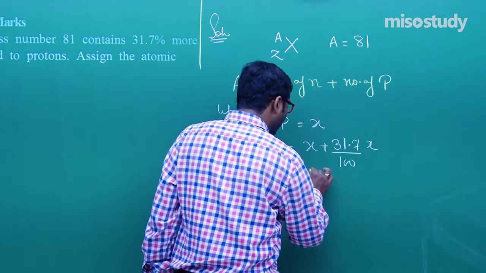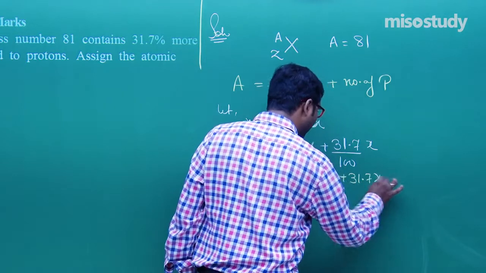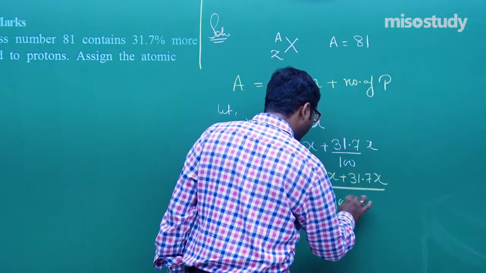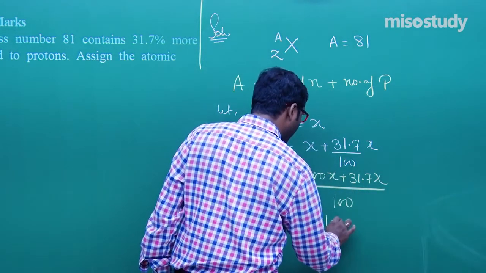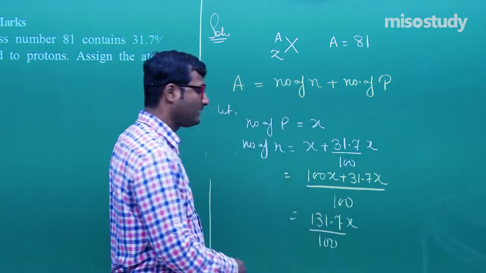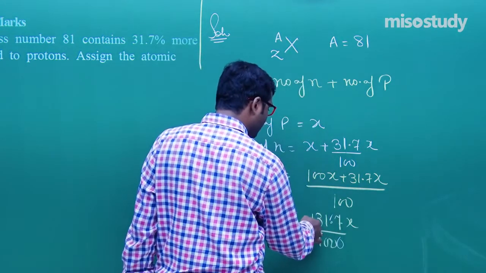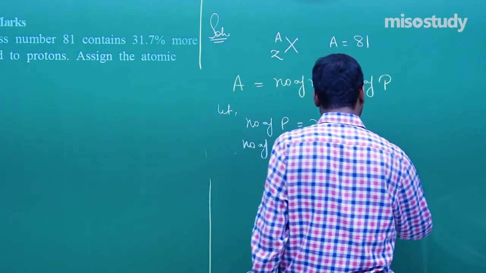Then what will happen? 100X plus 31.7X divided by 100, that is 131.7X divided by 100. Am I right?